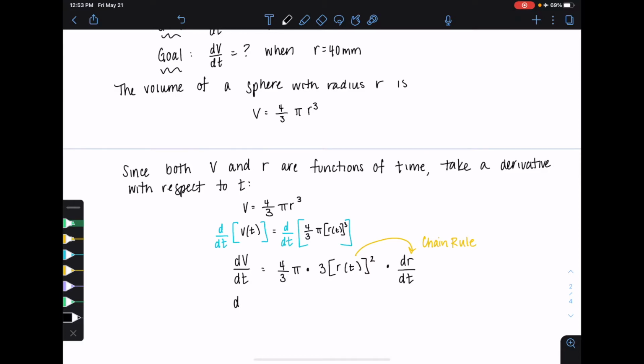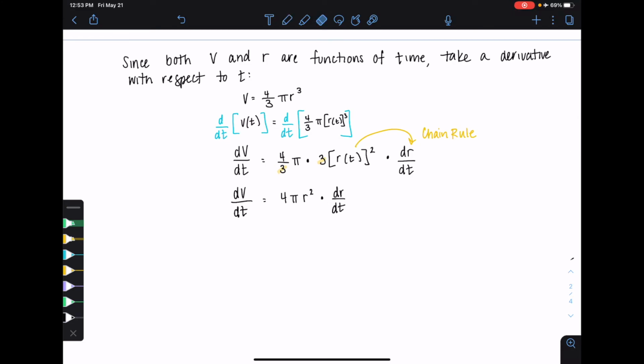So this tells us the rate of change of V with respect to time is equal, with some cancellation with these 3's, to 4 pi times the radius squared times the rate of change of r with respect to t.